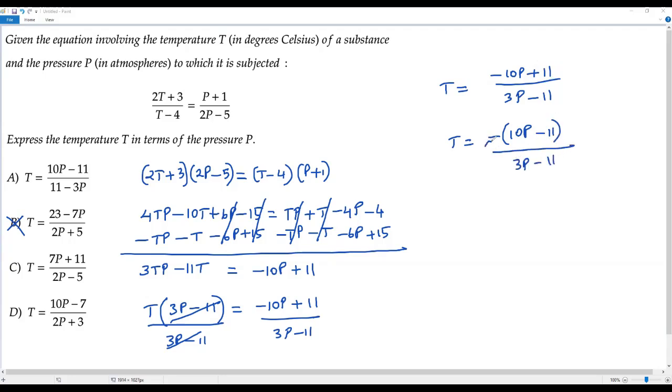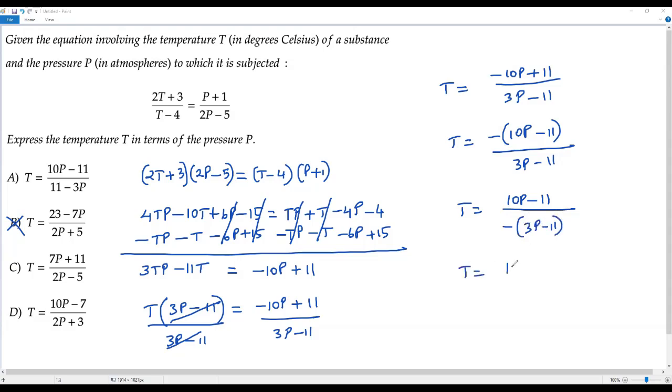Now I can move this negative sign to the denominator, because my aim is to get the term which contains P as a positive sign. When this negative sign is moved to the denominator, it is applicable for the complete expression in the denominator. Now I'm getting (10P - 11) over negative of (3P - 11).